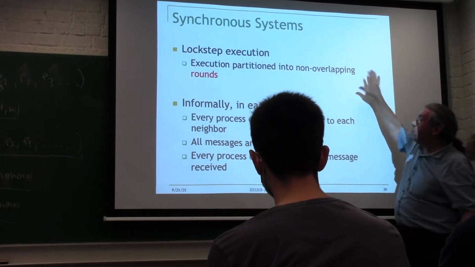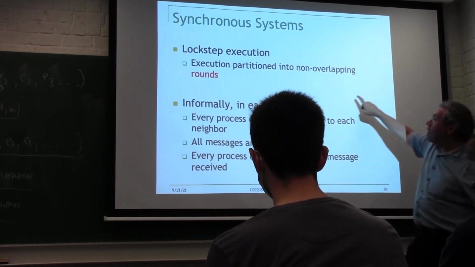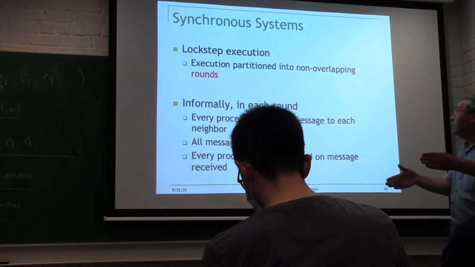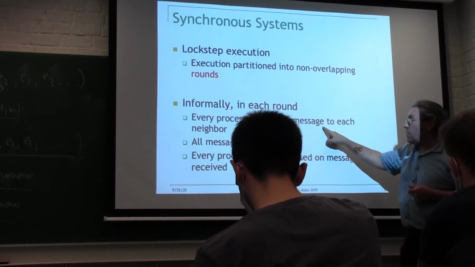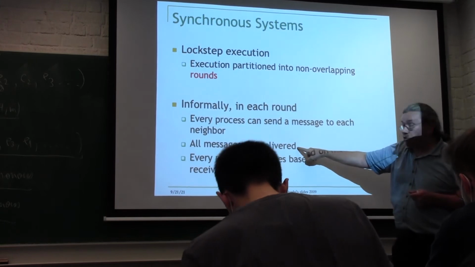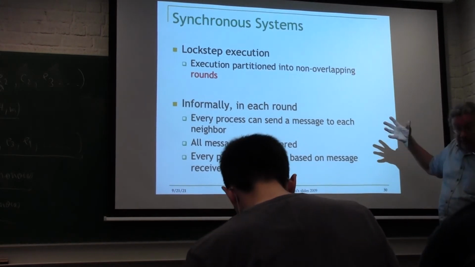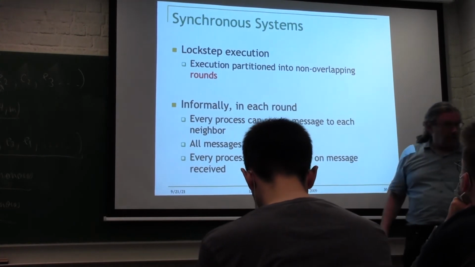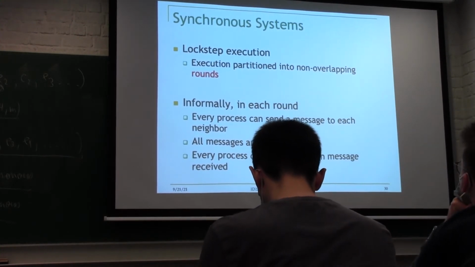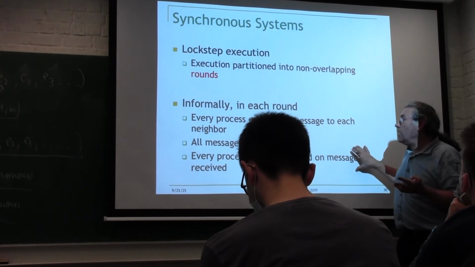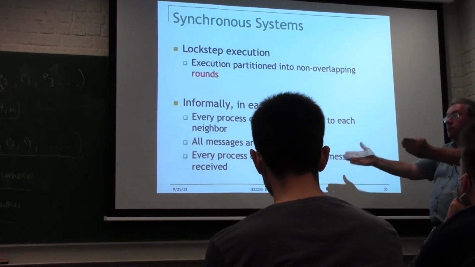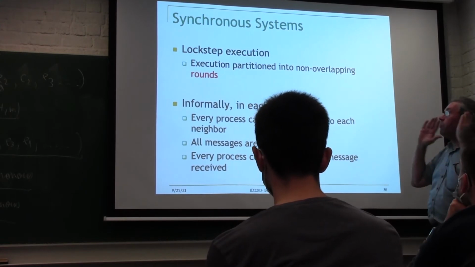In each round, maybe a 10 millisecond round, every process can send a message. All messages are delivered, which means they all take 10 milliseconds or less. And every process does its computation, which also takes 10 milliseconds or less. So this is a synchronous system where the whole system executes in lockstep.